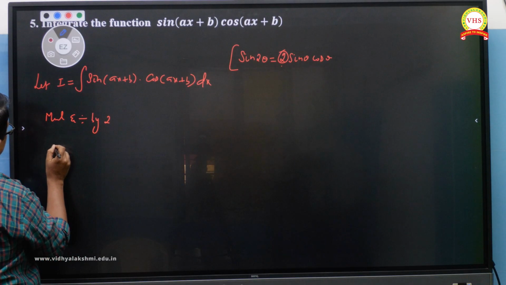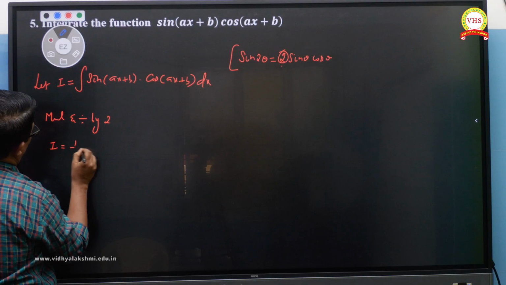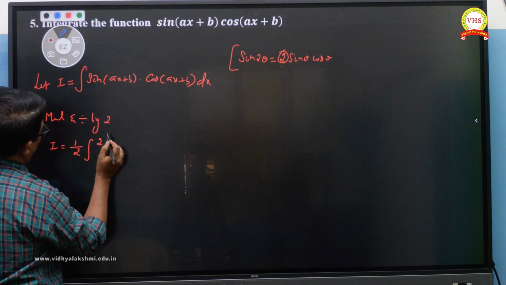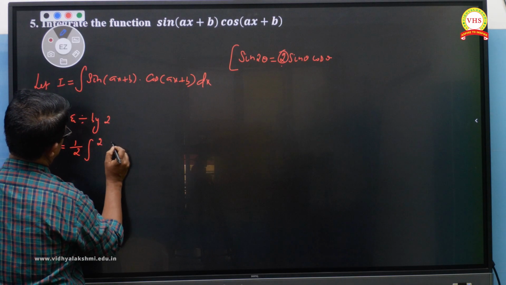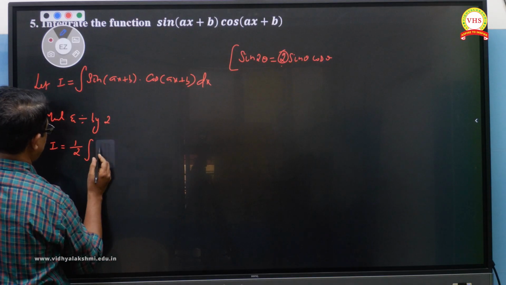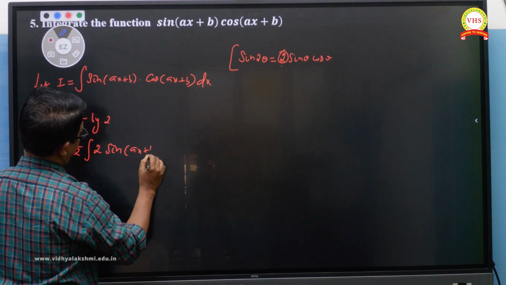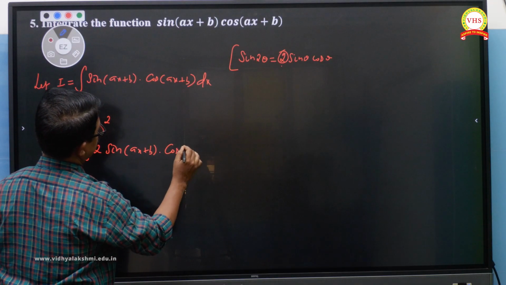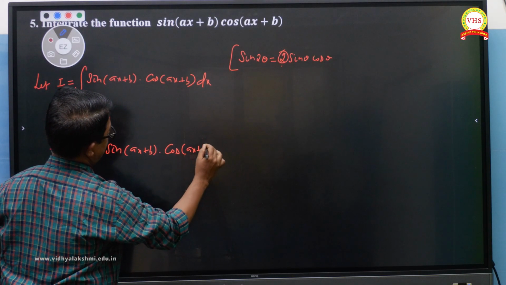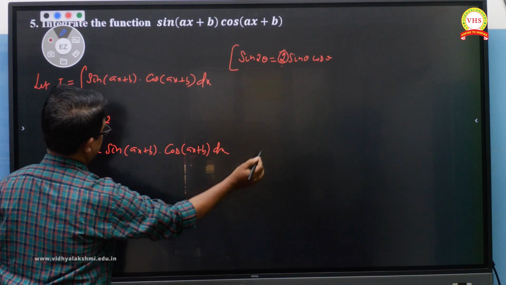What do we get? Now I equals 1 by 2 into the integral of 2 sin of ax plus b into cos of ax plus b dx.